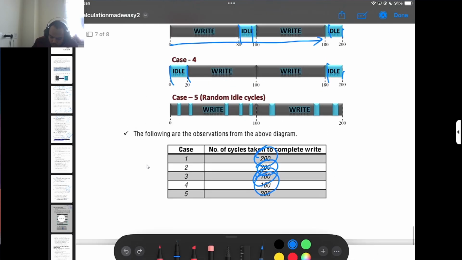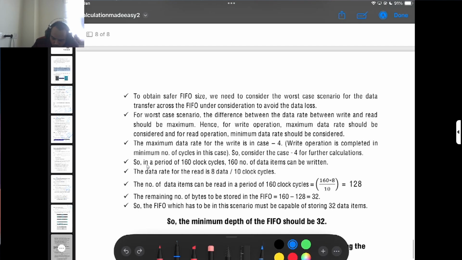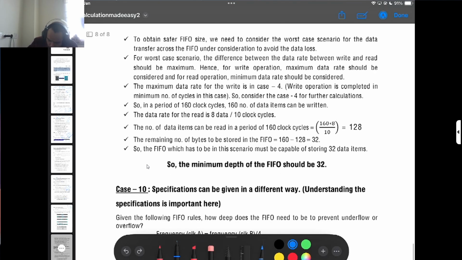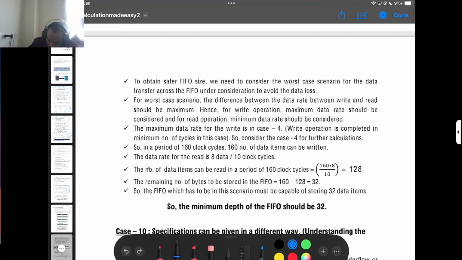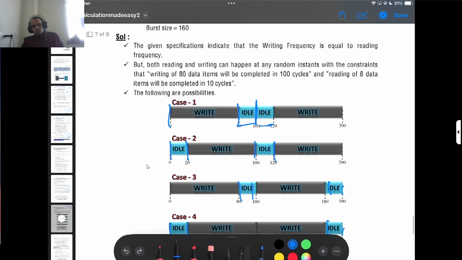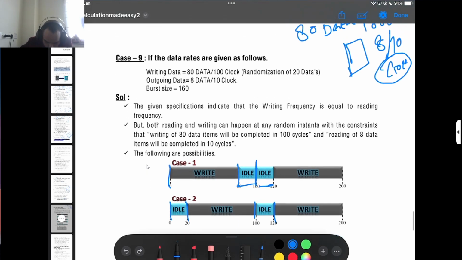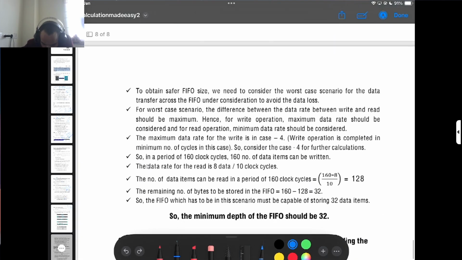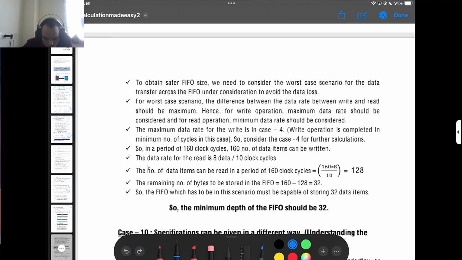So how can it be possible? Let's assume: to obtain a safer FIFO size, we need to consider the worst case scenario for the data transfer across the FIFO under consideration to avoid data loss. For the worst case scenario, the difference between the data rate of write and read should be maximum.